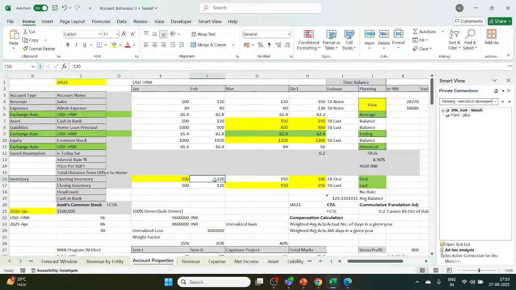In the Feb month our inventory is 120, and in the March month it's 150. And if we have to understand what would be our opening inventory of quarter one, for which we have to select the first, then we will get the first inventory which we have in the January month. So it will come here in the quarter.